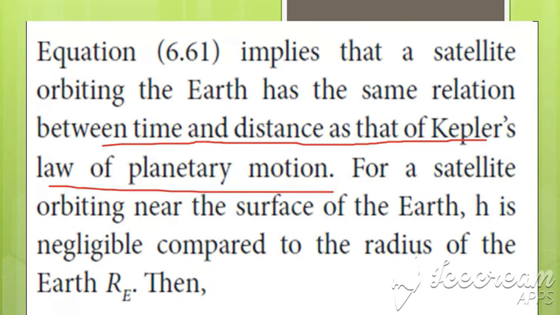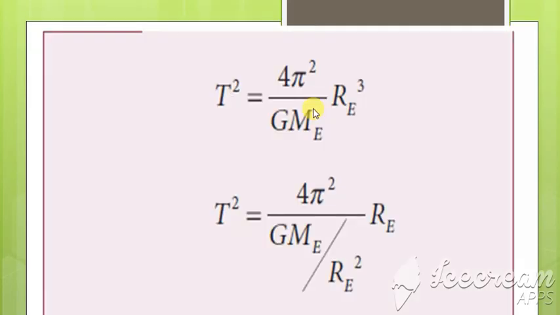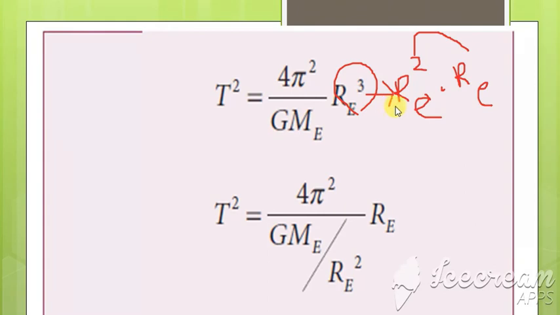Okay, and the next is, taking the same equation, before substituting the value of C, this RE cube can be written as RE square into RE, right? Okay, so this square into this becomes this RE cube itself. So after writing it like this, this RE square we are going to bring to the denominator.